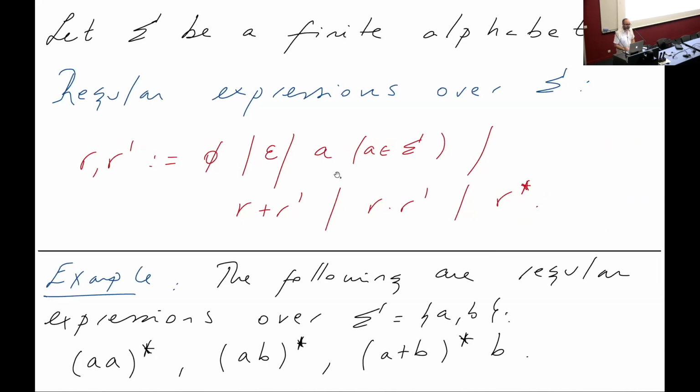Each letter is a regular expression. The disjunction of two regular expressions is also a regular expression. The concatenation of two regular expressions, which is denoted with this dot, but we typically don't write it down, is denoted in this way. And then we have the Kleene star or transitive closure of a regular expression, right? So these are examples of regular expressions: a star, (ab) star, (a plus b) star b, okay?